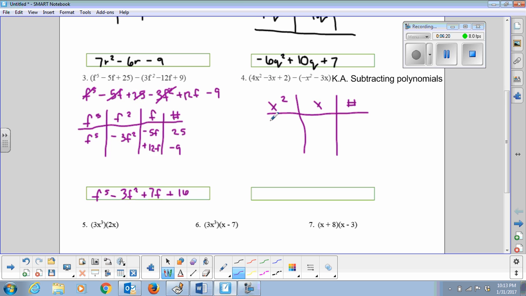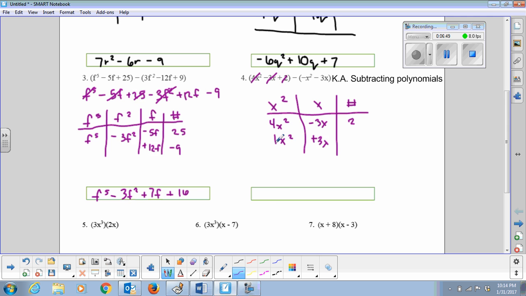So we have 4x squared, then we have negative 3x, then we have positive 2, and the opposite of negative x squared is positive 1x squared. The opposite of negative 3x is positive 3x. And we don't have any other numbers.